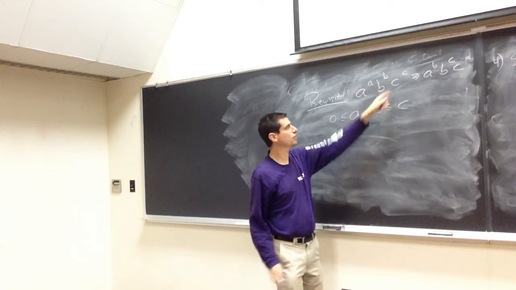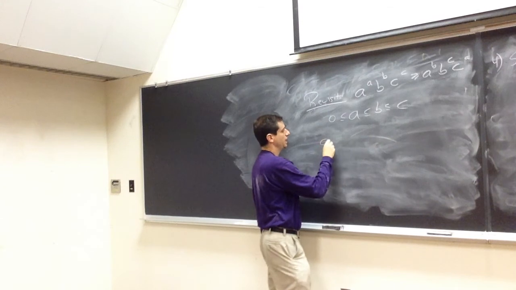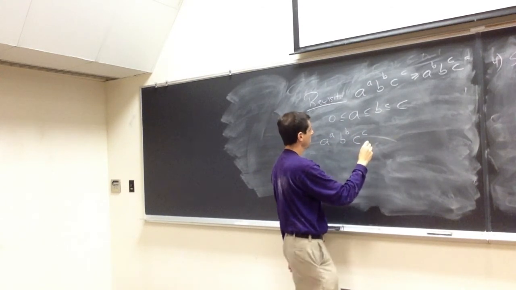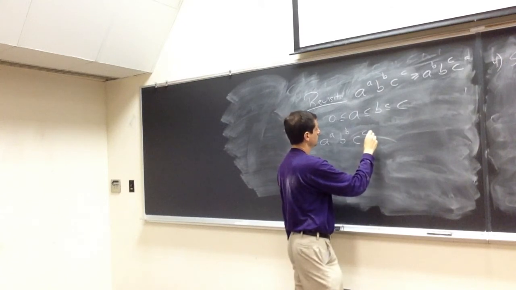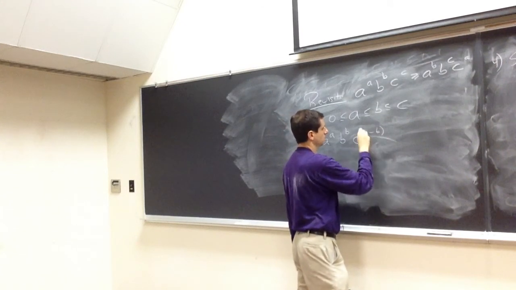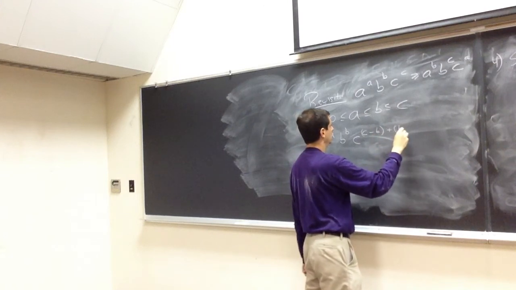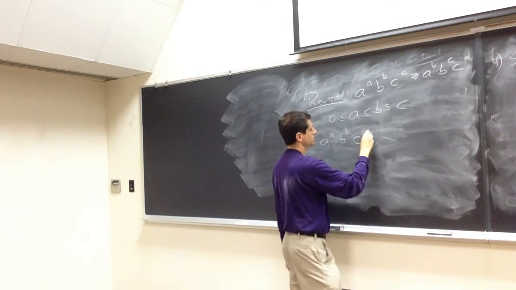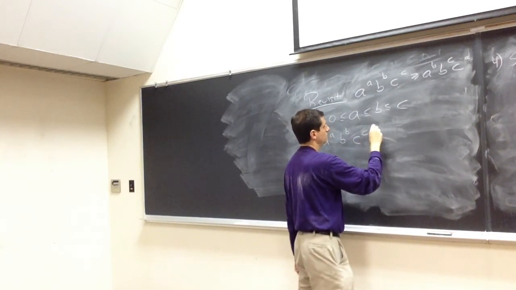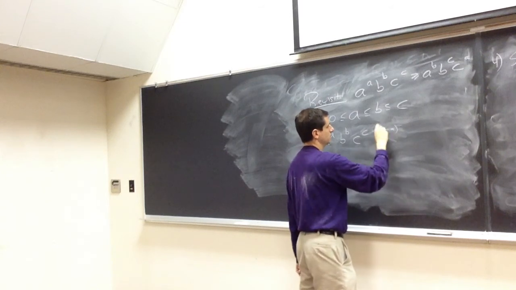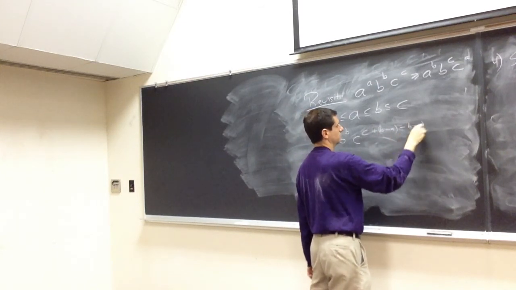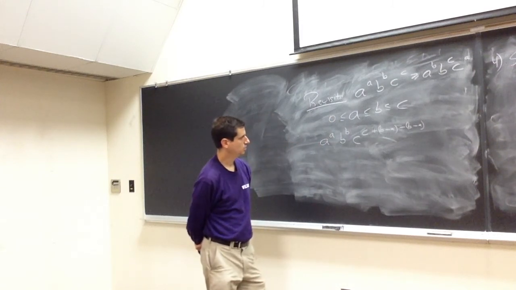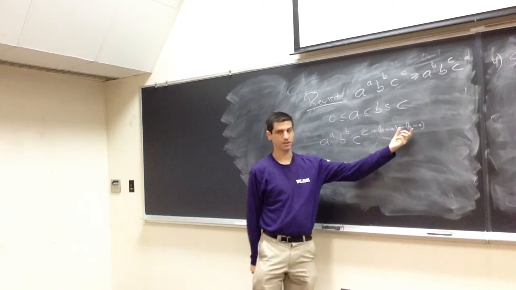And so if I start making trades, when I wrote up the solution here, I wrote it as a to the a, b to the b, c to the c, minus b plus, I think, c plus b minus a minus b minus a. Okay, so the exponent of c is still c.